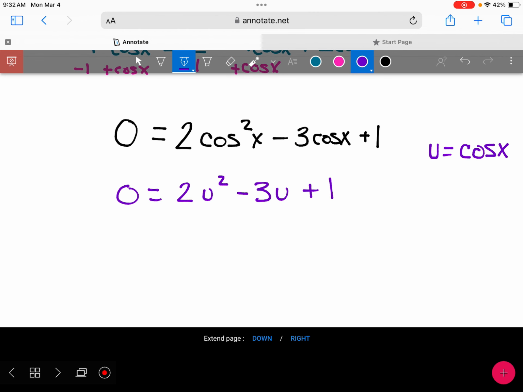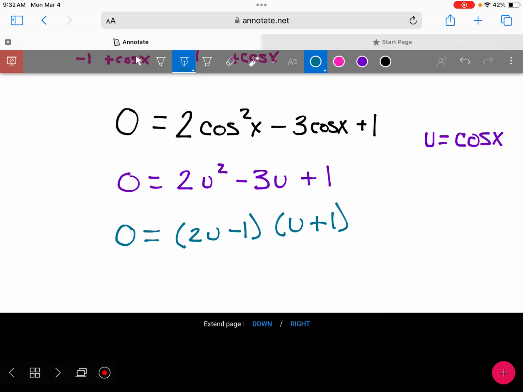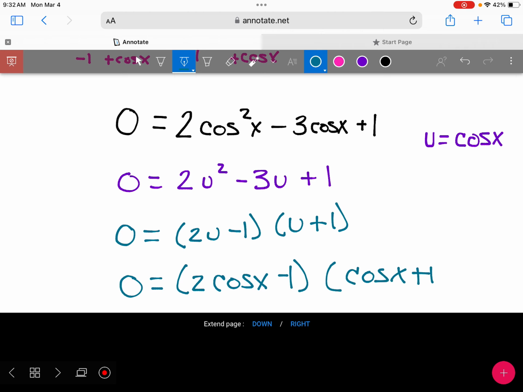When we get this into factored form, what do we get? 2u minus 1 and u plus 1, which then we switch it back into cosines. So we have 2 cosine of x minus 1 and cosine of x plus 1.